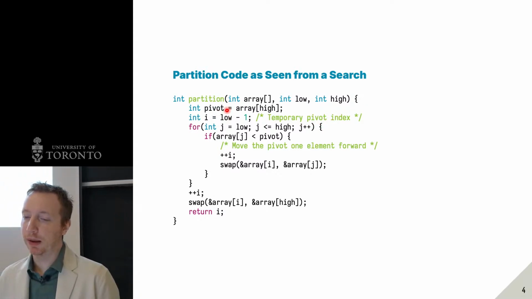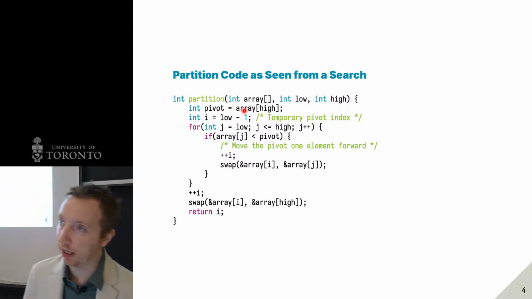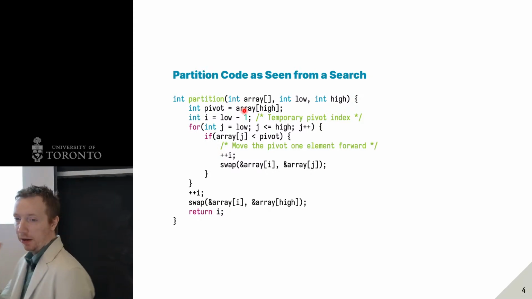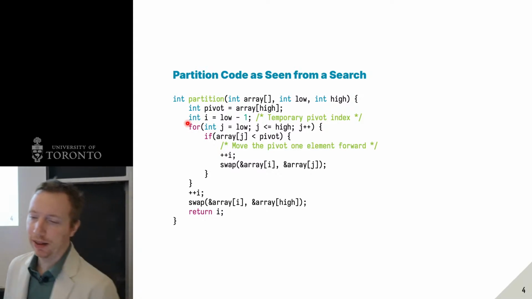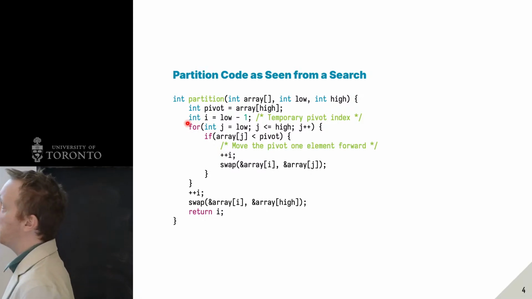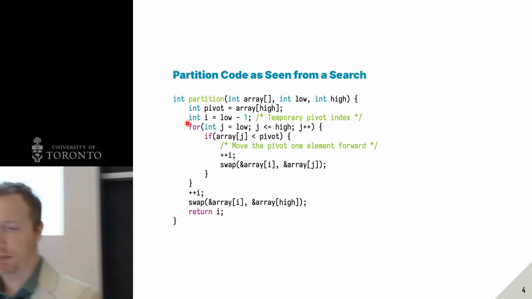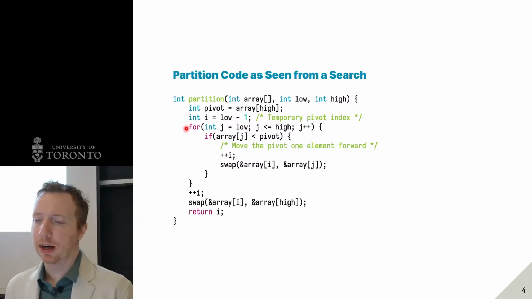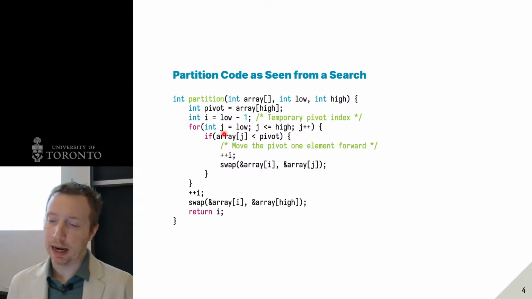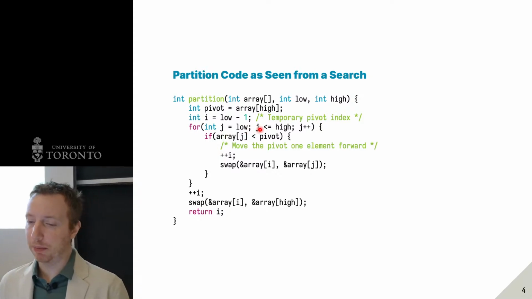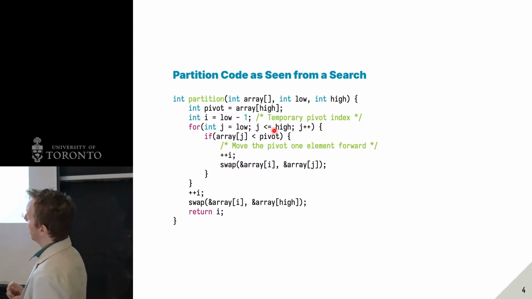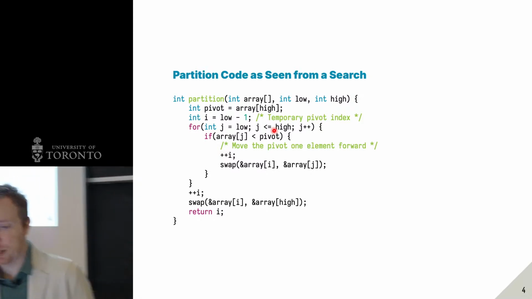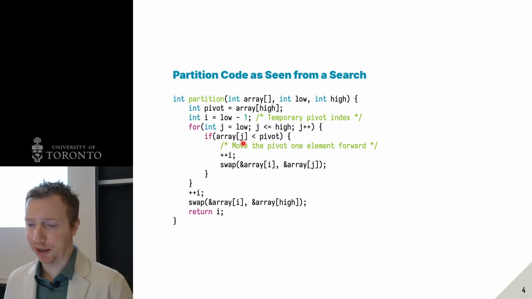So they saved the pivot value as whatever the element is at the very end of the array, and they temporarily set the pivot index equal to low - 1, which could easily go out of bounds. Then they start at j equals low, so something in bounds, less than or equal to high. So it will actually go up until j is equal to high. So it will actually check its own value.